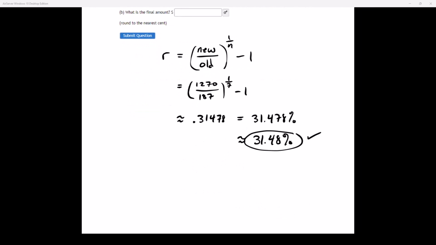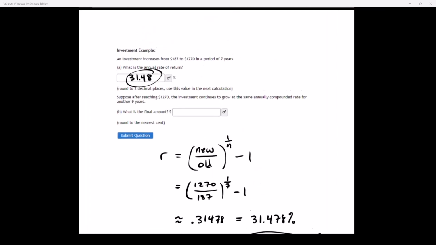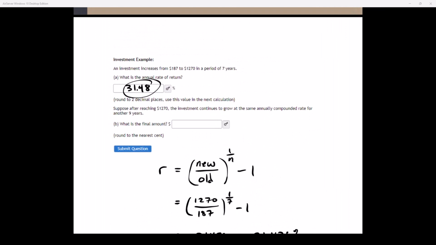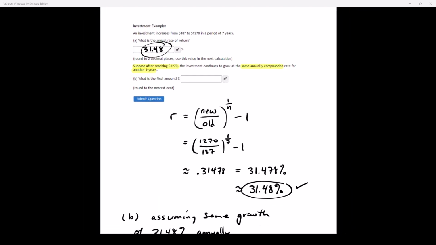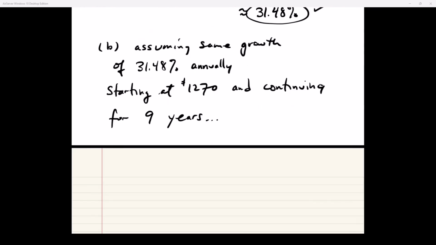We'll go back to the compound interest formula. So I'm saying after it reaches that 1270, it continues to grow at the same annually compounded rate for another 9 years. So starting with 1270 and then carrying on for 9 years. So what we'll do here is we'll use that compound interest formula with annually compounded 31.48%.